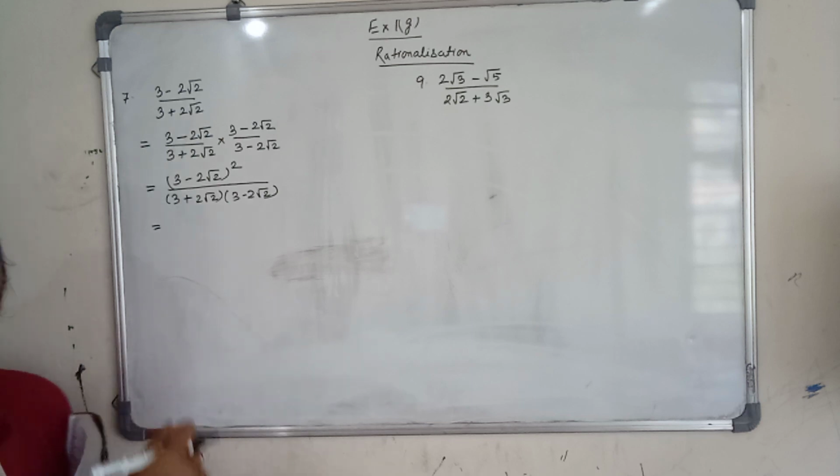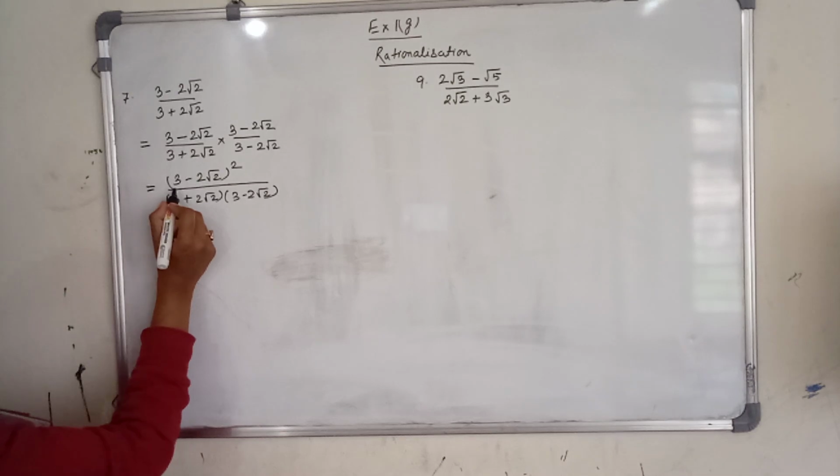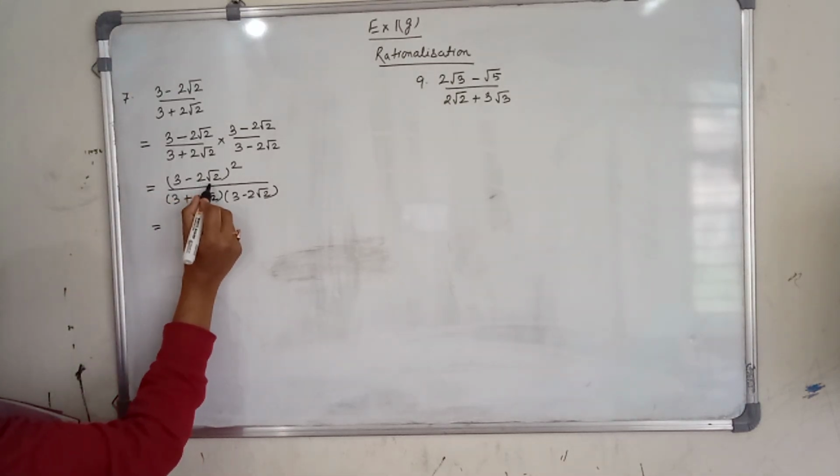Now here you have to use the formula of (a minus b) whole square, where a is your 3, b is your 2 root 2.